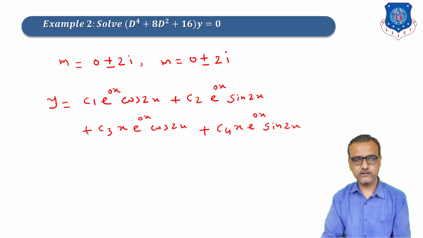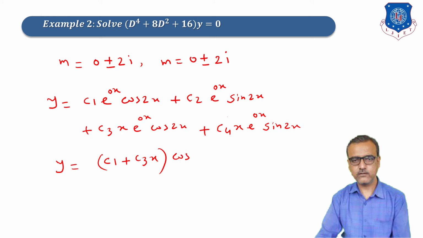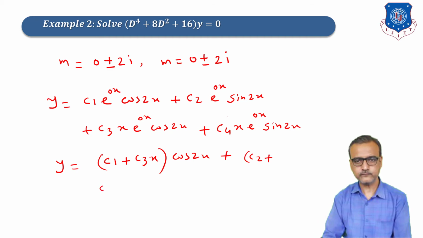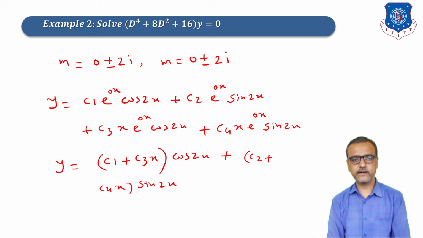So we have general solution y equals (c1 plus c3x) cos 2x plus (c2 plus c4x) sin 2x. So this is the required general solution of the given differential equation.